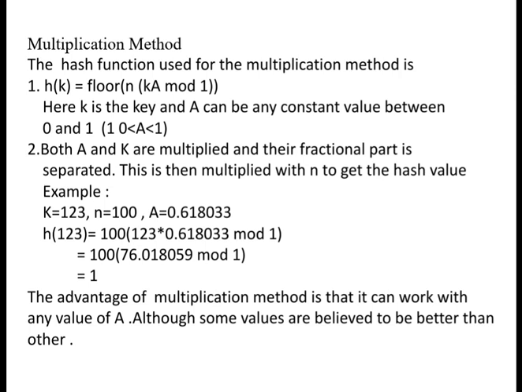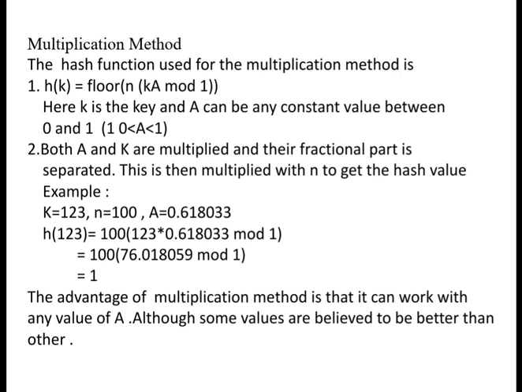This is then multiplied with n to get the hash value. n is the size of the hash table. Example, k = 123, size of the hash table is 100, a value is 0.618033, h(123) will give rise to 1 according to this multiplication method.